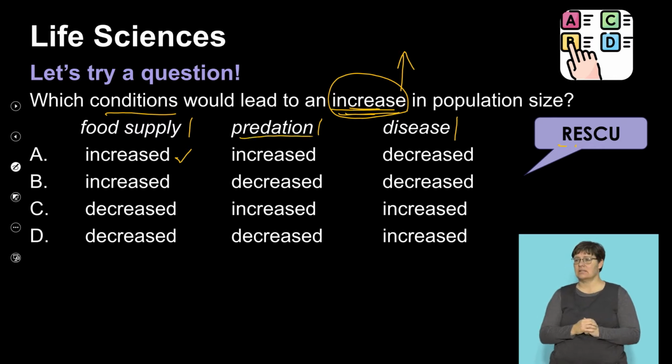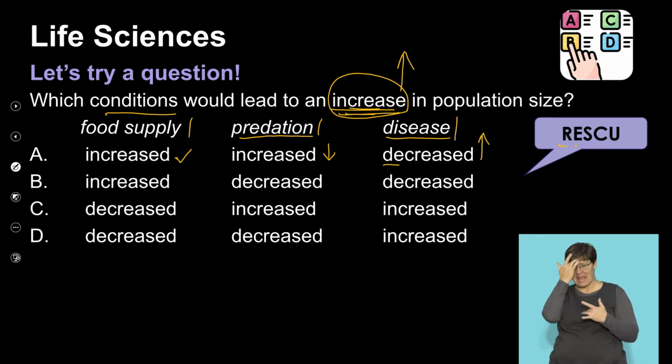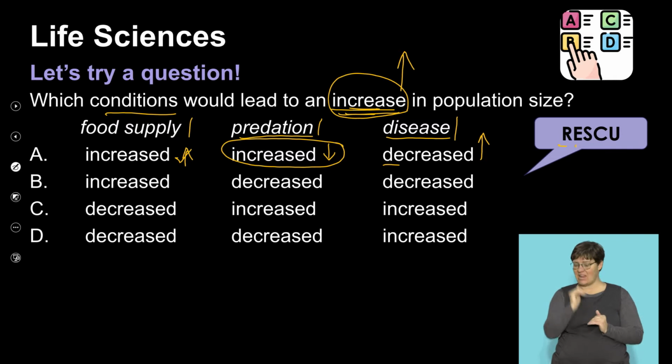If predation increases, well, to me, that's going to cause a decrease. If disease decreased, our population would grow. So I'm going to eliminate this because apart from the fact that predation certainly doesn't increase the population size, it doesn't make sense. I'm going to eliminate A.